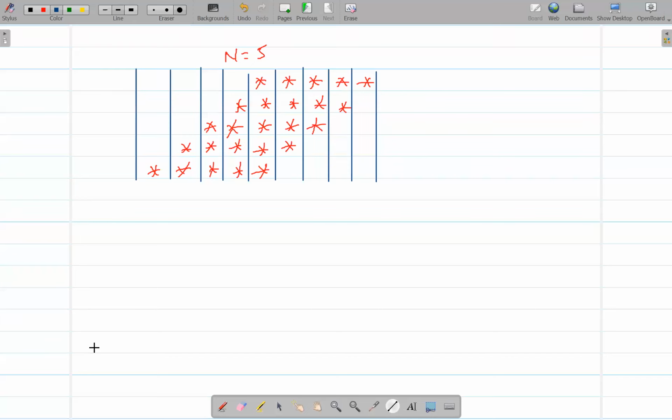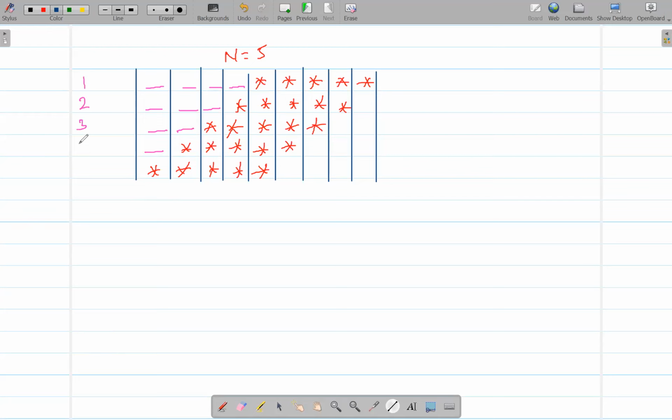We need to take care of the initial spaces over here. Okay, let me give you one idea. So see over here, this is the space: 1, 2, 3, 4. This is the space: 1, 2, 3. 1, 2, then 1. So how are the spaces getting distributed?